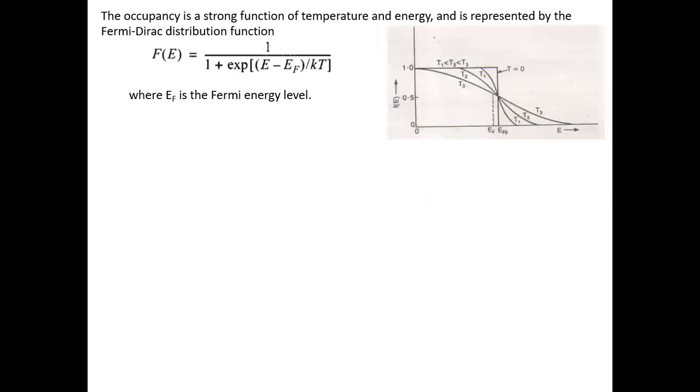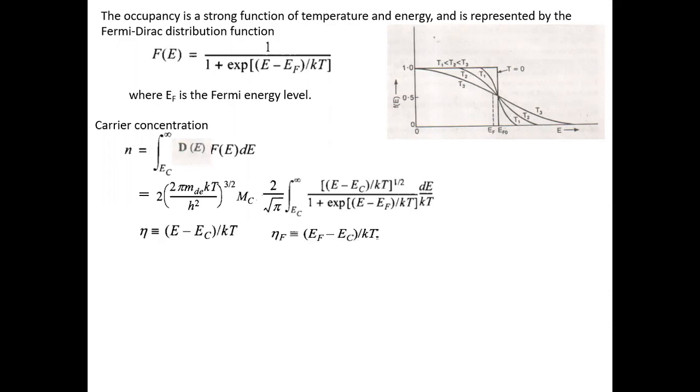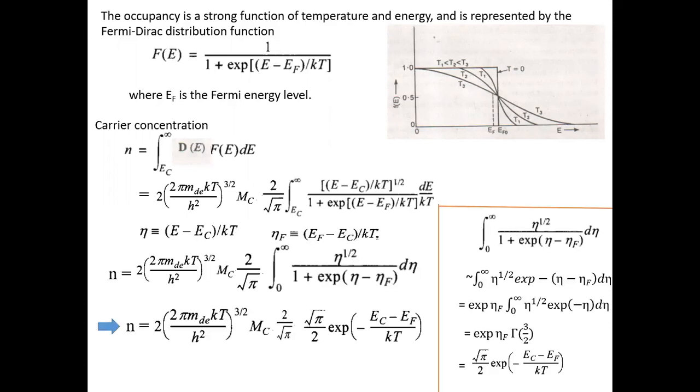There's a temperature variation of this function, and we can calculate the carrier concentration using this one. Eventually we need to get to the carrier concentration, and an idea about the energy difference between the conduction band energy and the Fermi level energy.